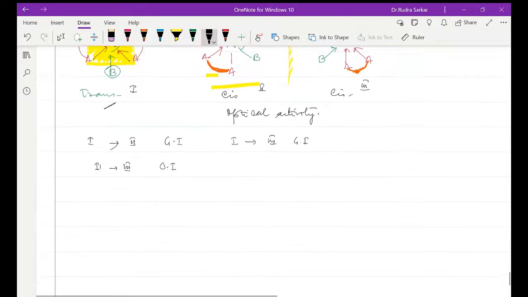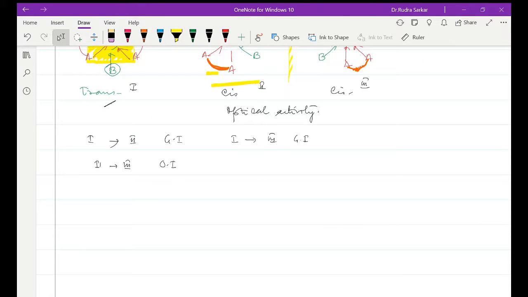Let's consider another one. Say now we have a molecule of the type M(AB)2C2. So now we are considering a bidentate ligand which is unsymmetrical.